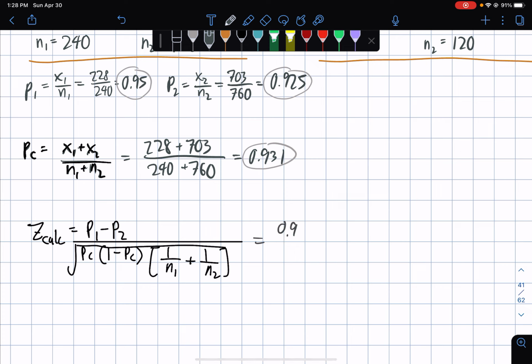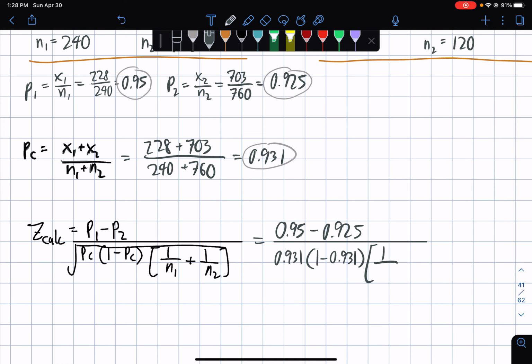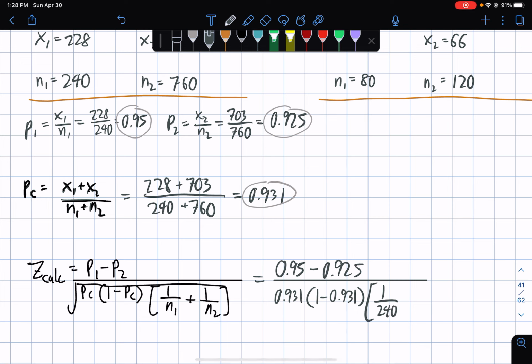P1 is 0.95. P2 is 0.925. Then divided by PC, which is 0.931, times the quantity 1 minus 0.931 times 1 over N1, which is 240, plus 1 over N2, which is 760. And don't forget the radical sign.